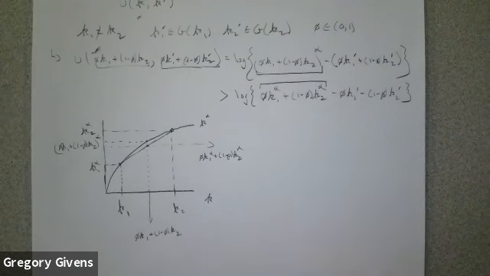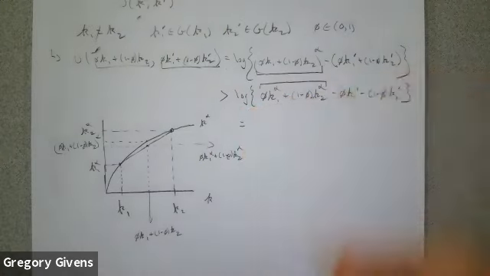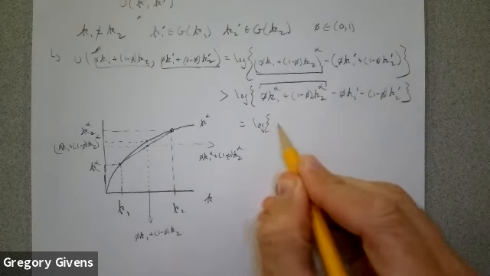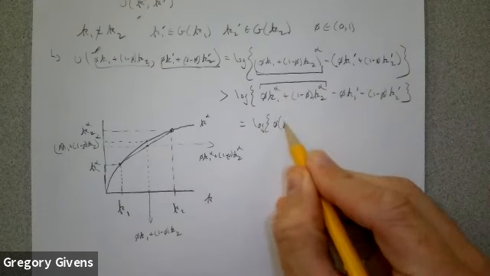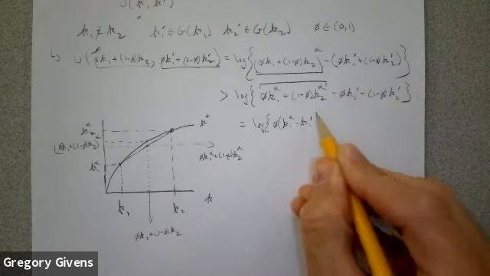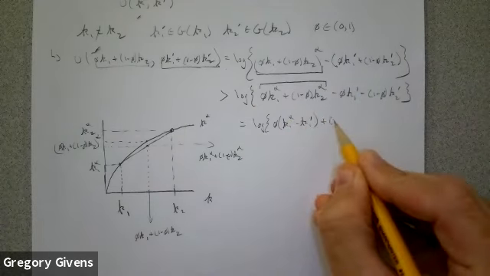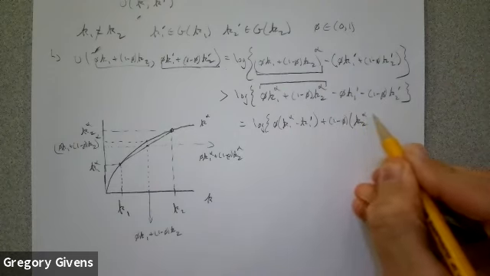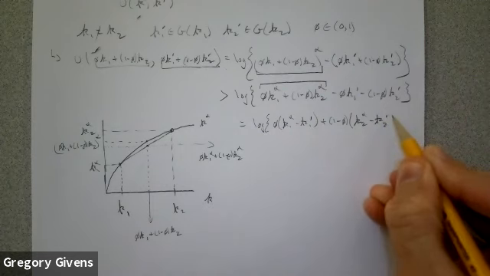You guys follow? Okay, now what is this equal to? Let me continue with this argument over here. What is this equal to? This would be the log of phi times k1 to the alpha minus k1 prime plus 1 minus phi times k2 to the alpha minus k2 prime.